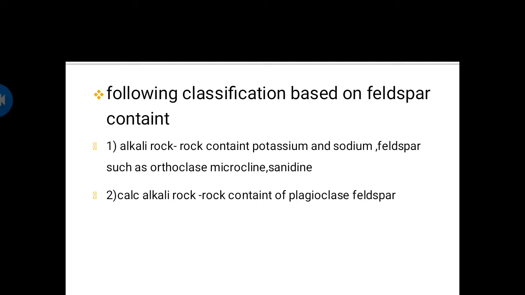But we cannot identify this classification by naked eye. For this we have to study a thin section of the rock under the microscope, identify its composition, and on the basis of that composition write it down.